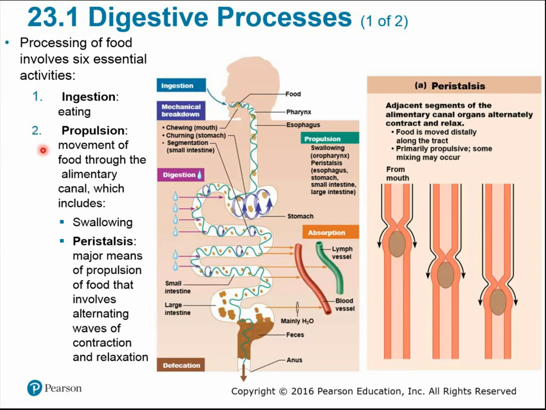Some parts of propulsion include swallowing, right? So swallowing is going to propel the food down toward the stomach, and peristalsis. So peristalsis are just rhythmic, alternating waves of contraction of the GI tract that help propel the food along the digestive tract.